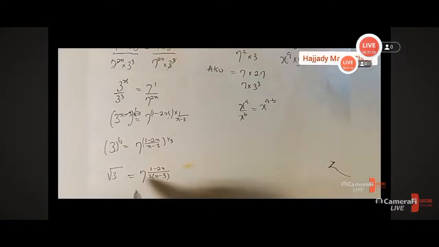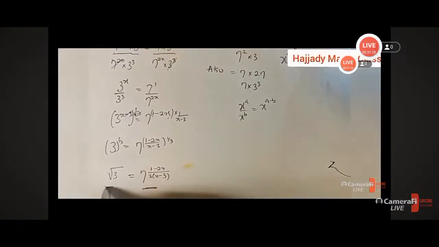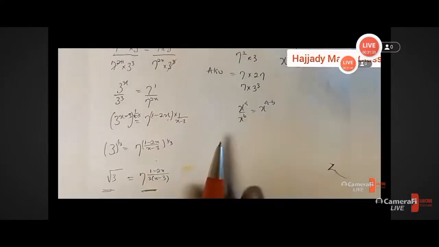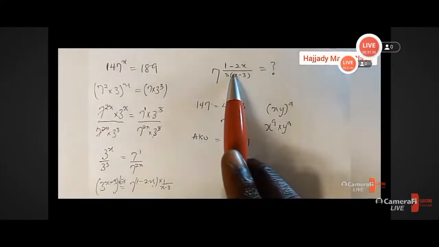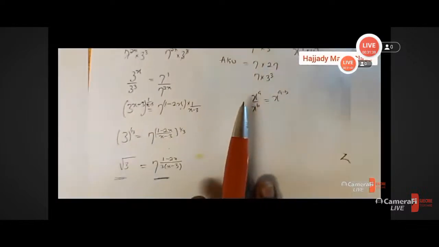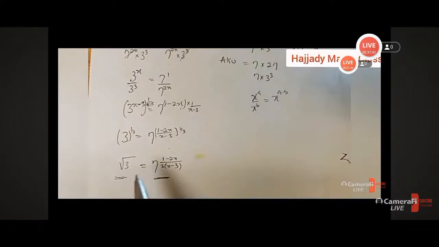Now looking at this and this, you can see that this corresponds with what we have here. So that means the value of this is the same as the cube root of 3.